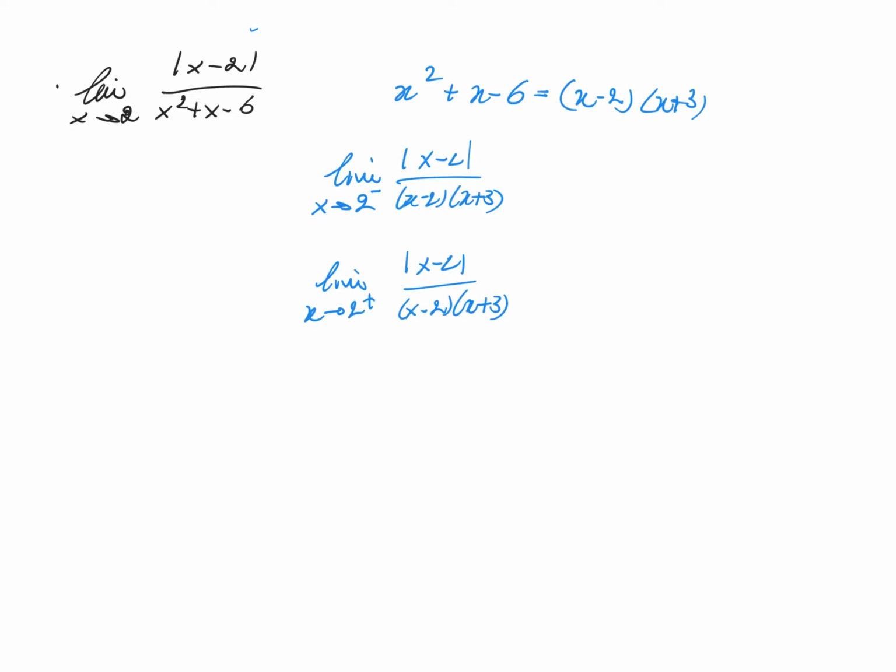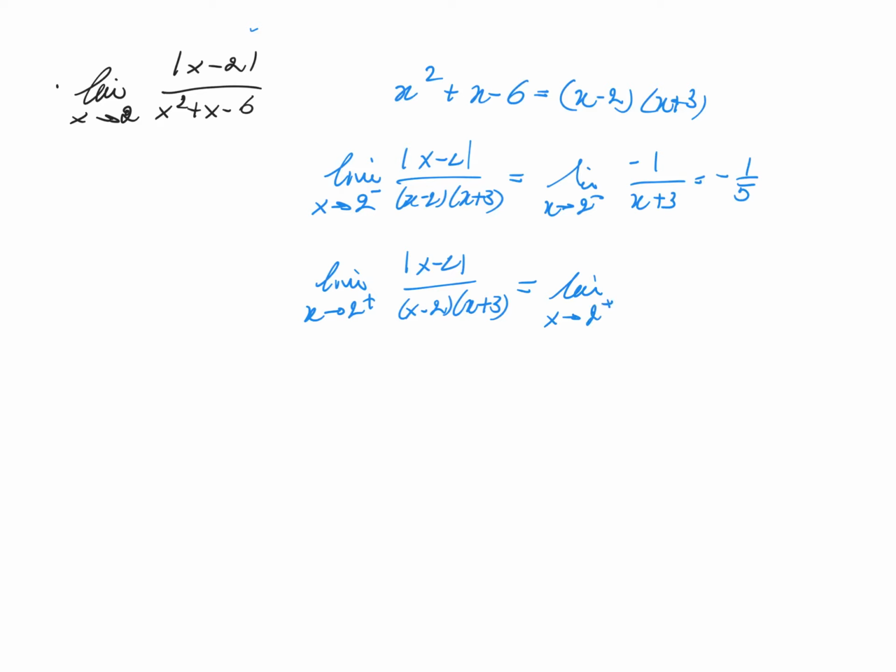So for the first one, you have the absolute value of x minus 2 divided by x minus 2. The values of x are smaller than 2, so x minus 2 is negative. So this gives me the limit of minus 1 divided by x plus 3 for x going to 2 with smaller values, which is minus 1 over 5. And the other one here gives me the limit for x to 2 with values larger than 2.